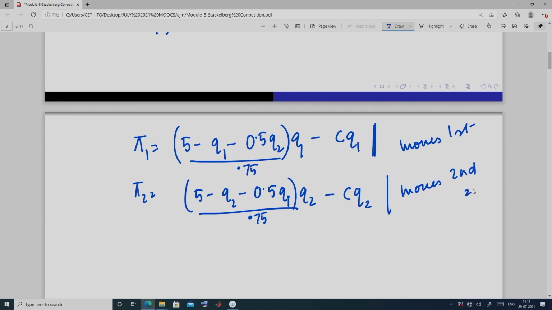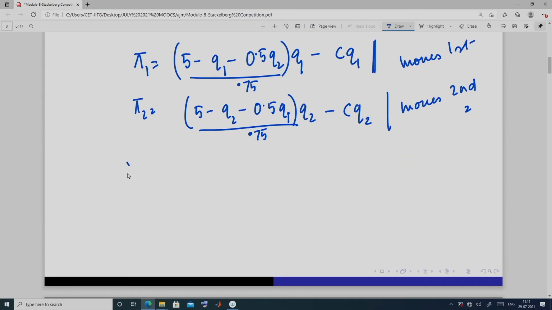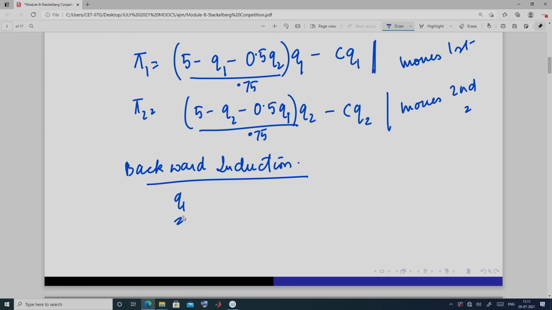Okay. So, we will use backward induction to solve this problem. Suppose Q1 is the output in stage 1, then we will find the reaction function of firm 2.